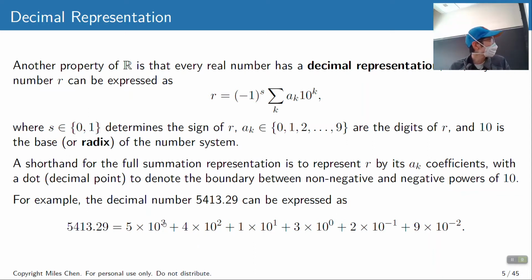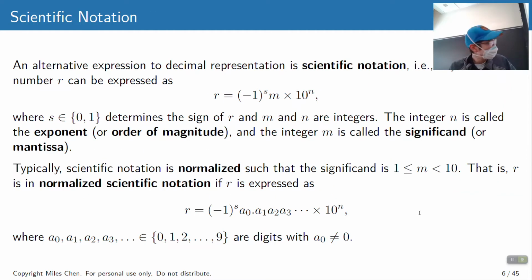And basically you have the numbers times 10 to the something, and it goes 10 to the 3, 10 to the 2, 10 to the 1, 10 to the 0, 10 to the minus 1, 10 to the negative 2. Okay, this is all review, and I think you're accustomed to this.